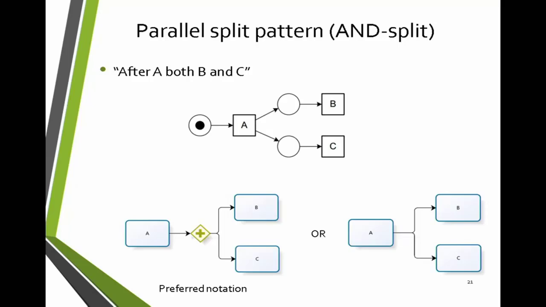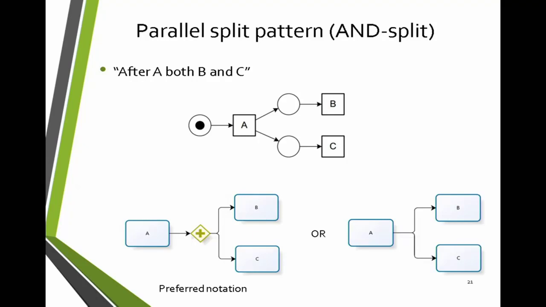Note that in BPMN it is possible to shorten this notation to this. You can actually drop the gateway, so you can actually use the right-hand notation, but I discourage you to use that one. I encourage you to always show your gateways, mainly for understandability purposes, but also because it allows you to model in a more block-structured fashion.